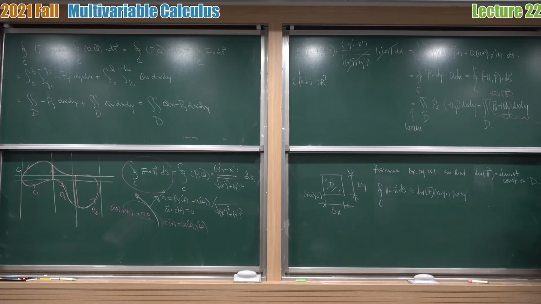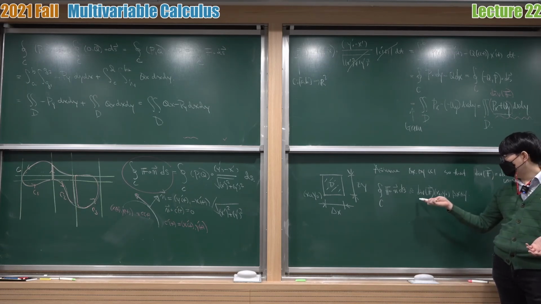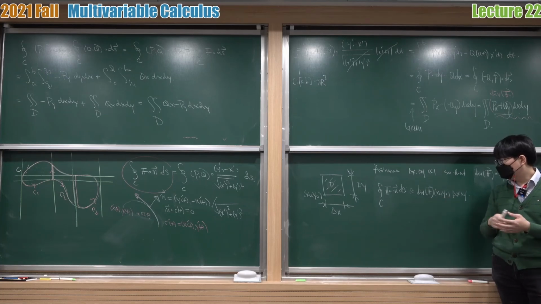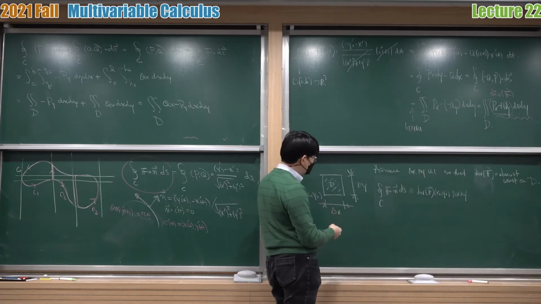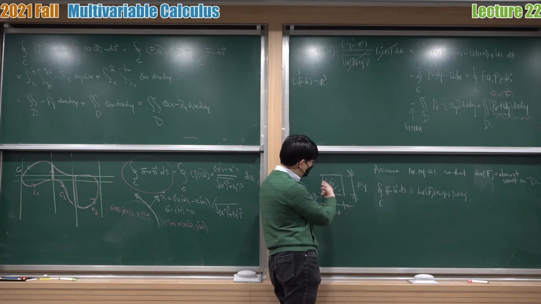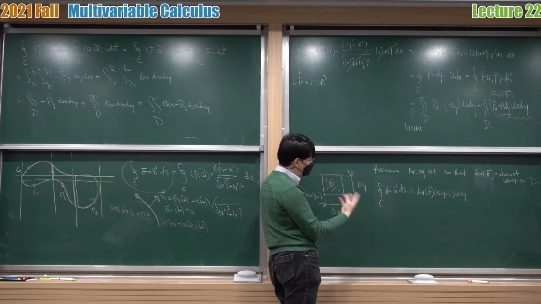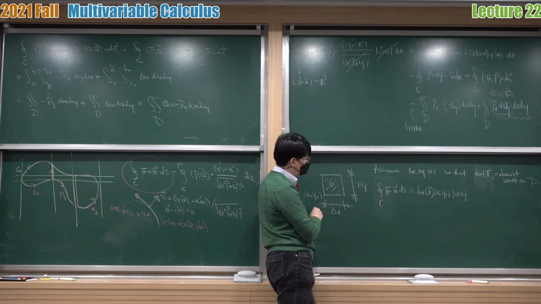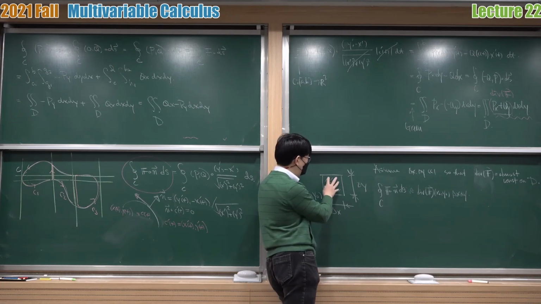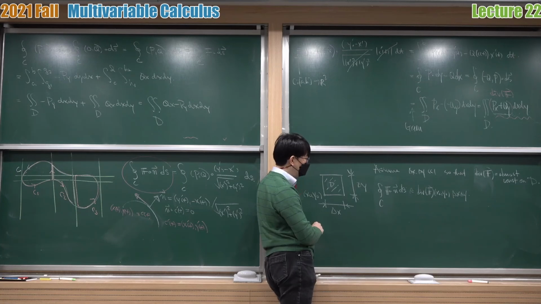First of all, the flux over a very small closed curve is approximately equal to the area of that enclosed region times the divergence at the point inside of this curve.